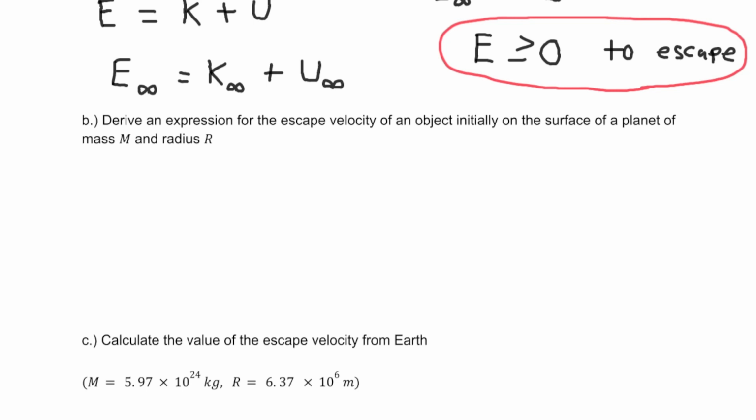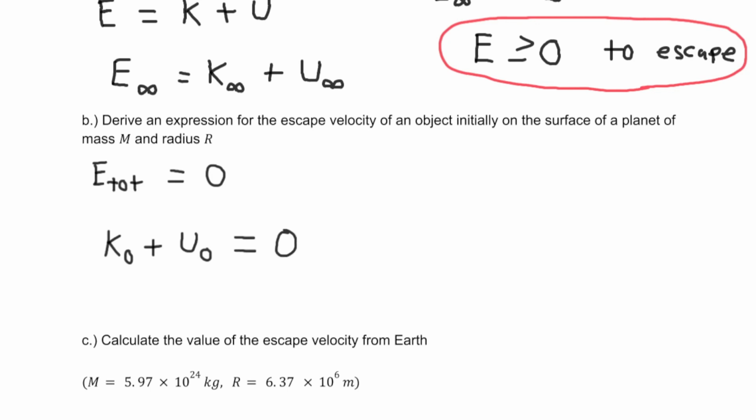All that says is that the total energy is equal to 0 when we're able to escape. It's not helpful to use the final state here because both energies are 0. Since energy is conserved, kinetic at the start plus potential at the start must also sum to 0.